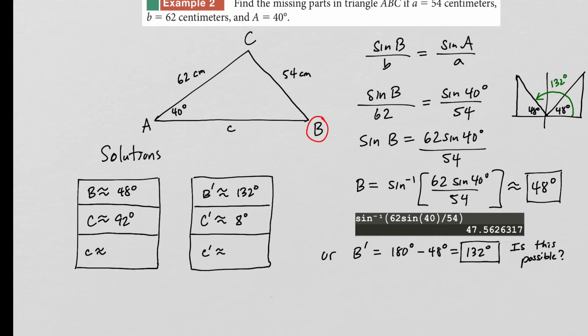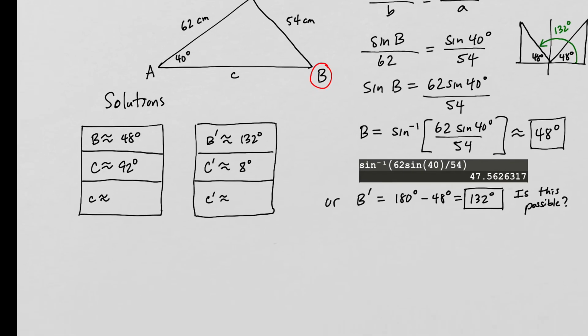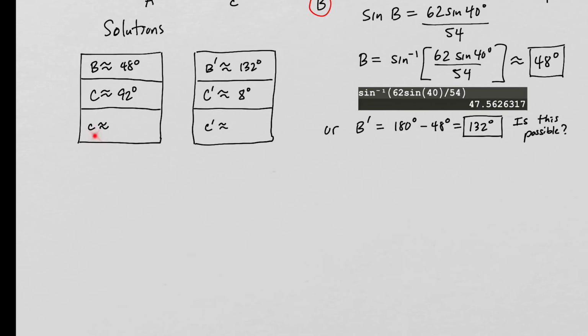So because we have two possible solutions for angle B, that gives us two possible solutions for angle C, and that is also going to give us two possible solutions for side C. To solve for side C, we'll simply use the law of sines. We'll say that C divided by the sine of C is equal to A divided by the sine of A. So to find side C, we have C divided by the sine of angle C, which is 92 degrees in the first box there.